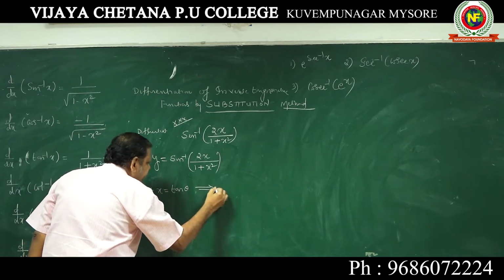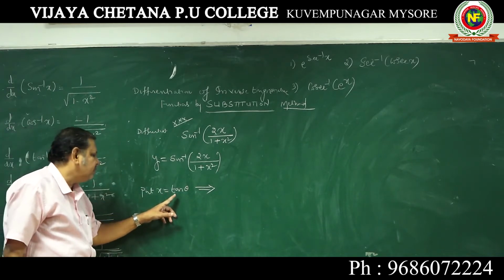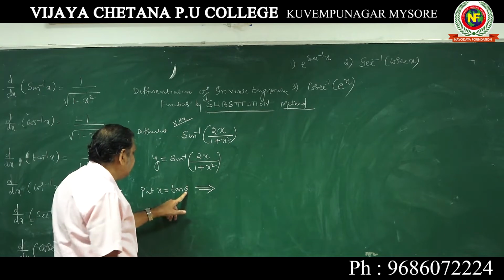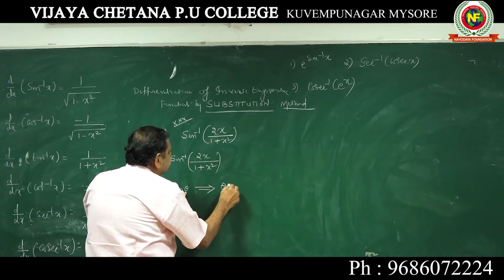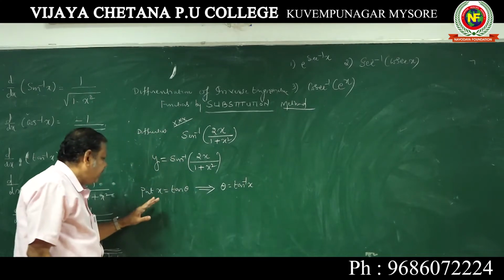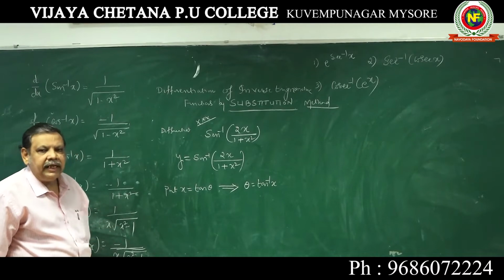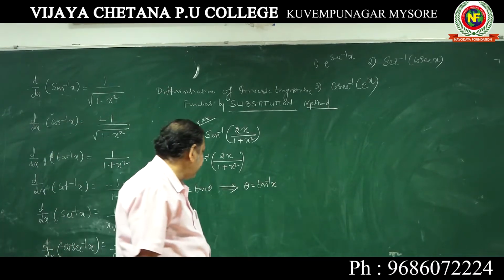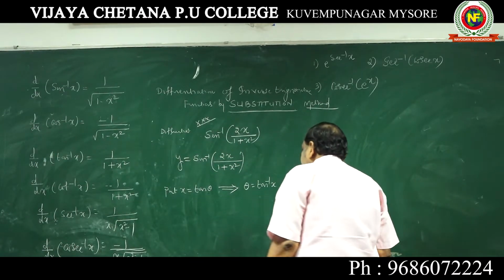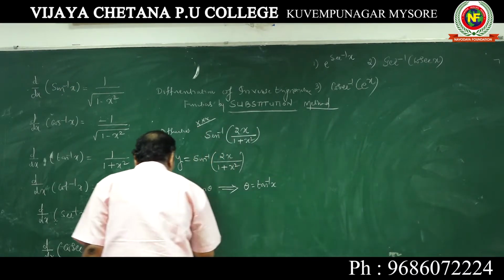After writing this step, immediately you should write, by the definition of inverse function, theta is equal to tan inverse x. Immediately you should write: x equal to tan theta implies theta is equal to tan inverse x.